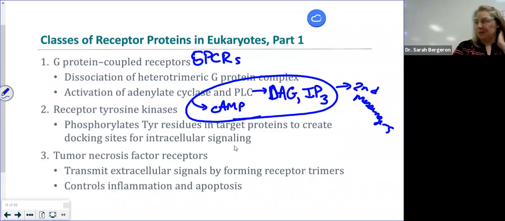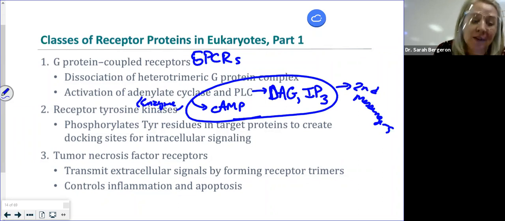Right? Okay, so then you have a second class of receptors. The second class of receptors are receptor tyrosine kinases. So you have a receptor that in and of itself is a kinase. So it is an enzyme, right? Typically in the unbound form, it's not active.